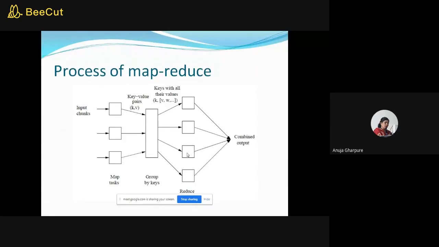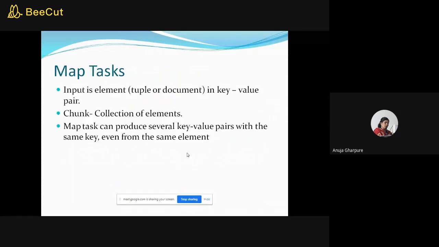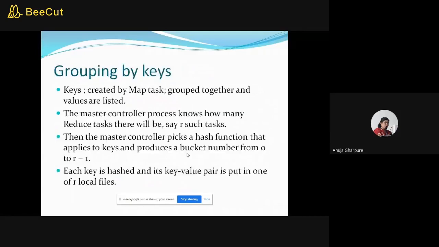This is how the key value will be assigned to a reduce task, and the reduce task, with the help of the combiner, will combine all the keys together and provide the output. So this is the job of the master controller.